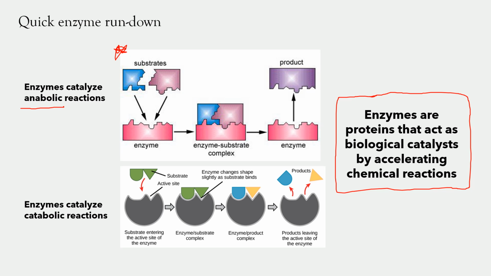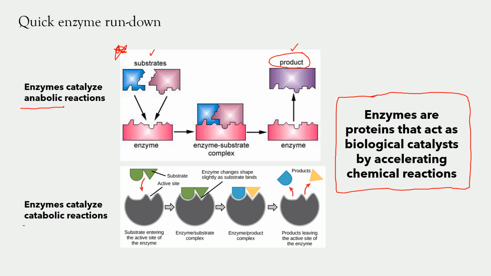We have 2 different substrates that are going to bind to this enzyme, and then you can see that they have created a product. So 2 separate substrates have been built up to create this product. What goes into the enzyme is called a substrate. What comes out is a product. And in an anabolic reaction, we are taking 2 substrates and merging them into one final product.